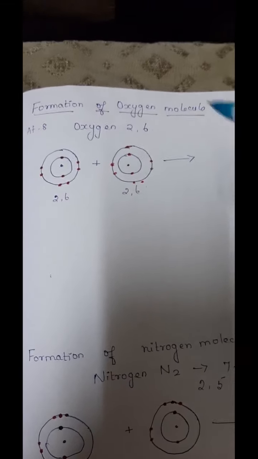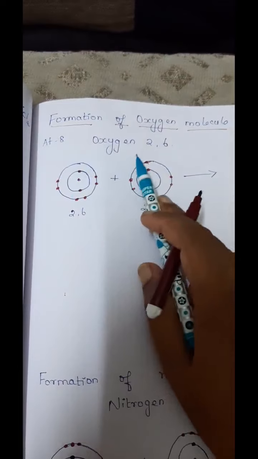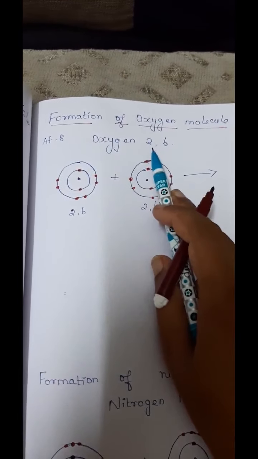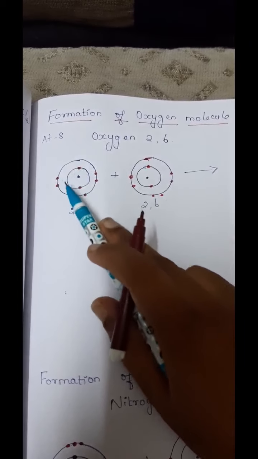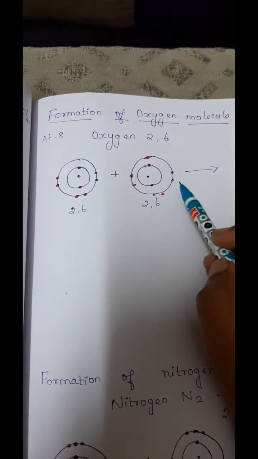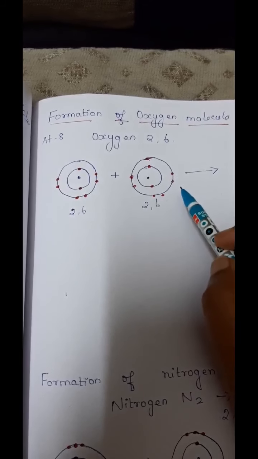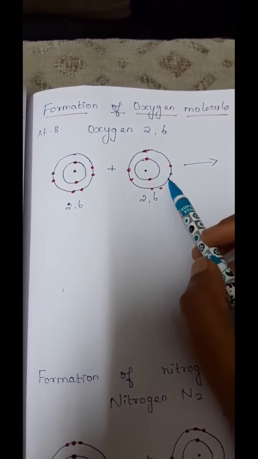Now we'll see the formation of oxygen molecule. So oxygen is having the atomic number 8. Oxygen electronic configuration is 2, 6. So first shell will be having 2 electrons and the next shell will be having 6 electrons. Similarly, in another oxygen atom, the first shell will be having 2 electrons and the next shell will be having 6 electrons. Is it clear?